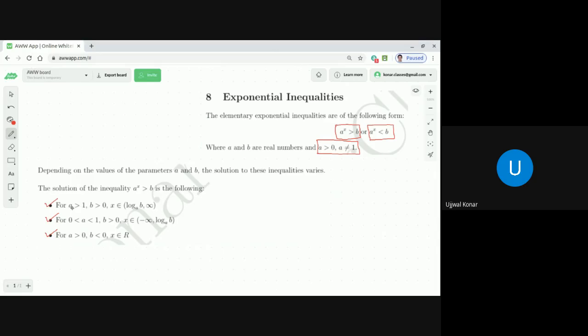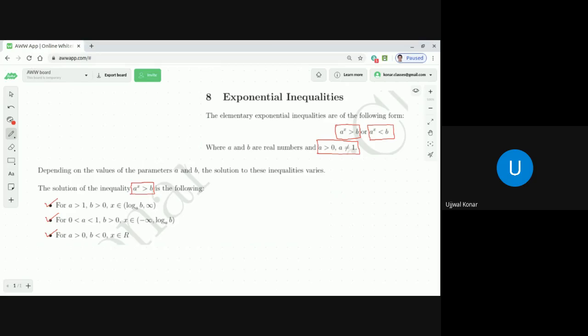But if we are going to solve the inequation a power x greater than b, then if a is greater than 1 and b is greater than 0, the solution is the open interval log b to the base a to infinity.